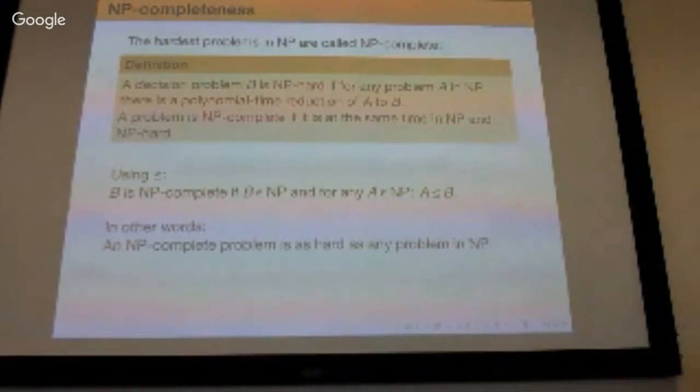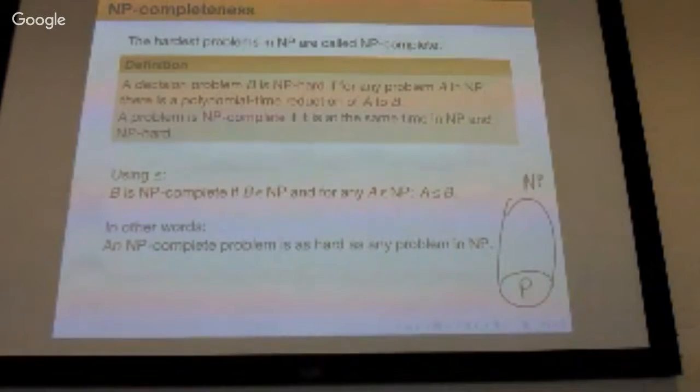So the picture kind of looks like this. If this is the class NP of all the non-deterministic problems, where for the yes answer you have a good certificate, then among them are the polynomial time solvable ones.